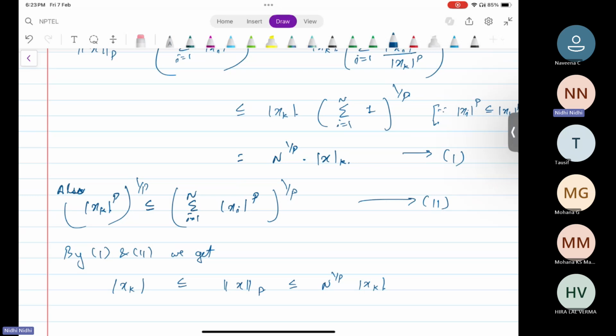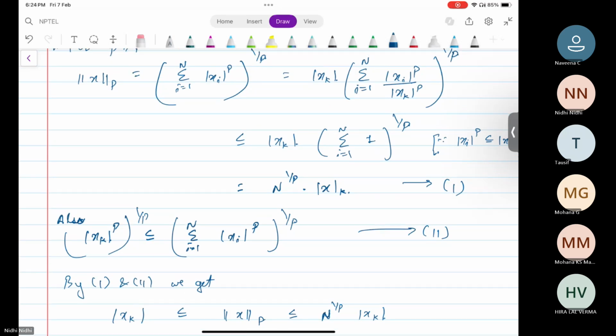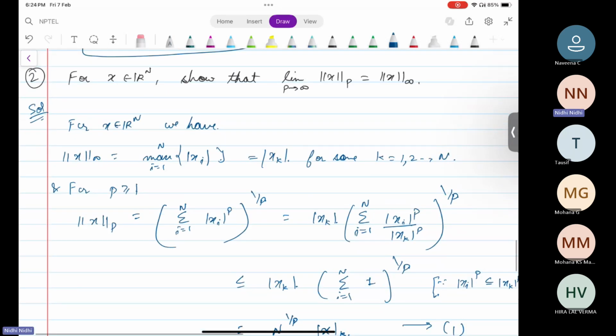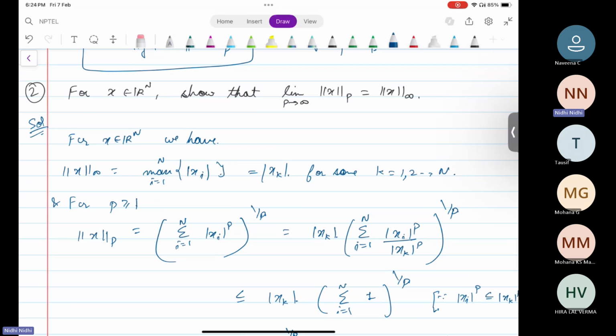So can anyone tell me how I'll be using the squeeze theorem or the sandwich theorem? What we wanted to prove is that as p tends to infinity, this LP norm is basically the infinity or the supremum norm.